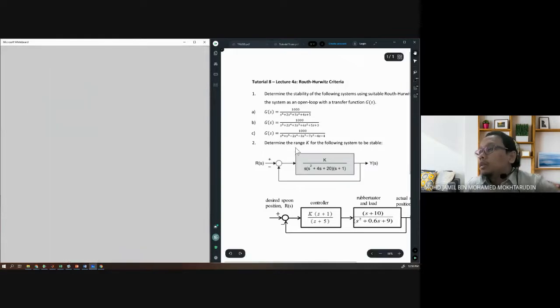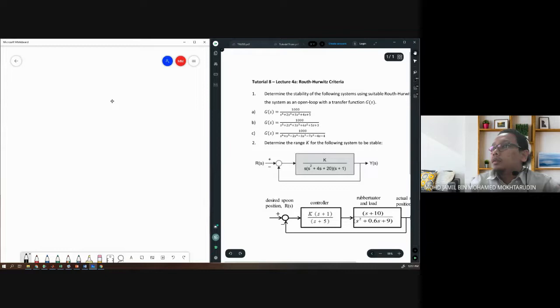So now let's look at question C. For question C, we have the denominator equals s power of 6 plus s power of 5 minus 2s power 4 minus 3s cubed minus 7s squared minus 4s minus 4.